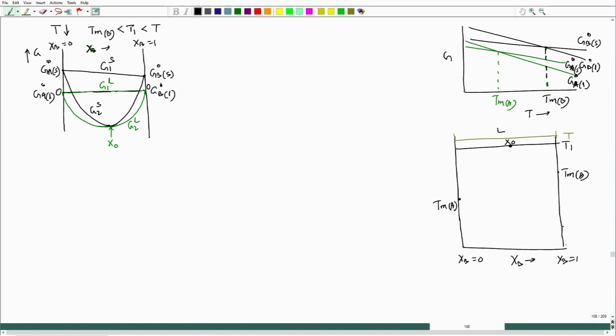Now, if I take a temperature further down, so let us say this is the temperature T2, below T1. T2 is still more than TMB.